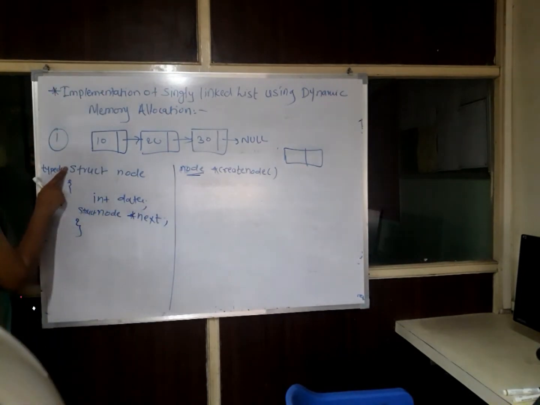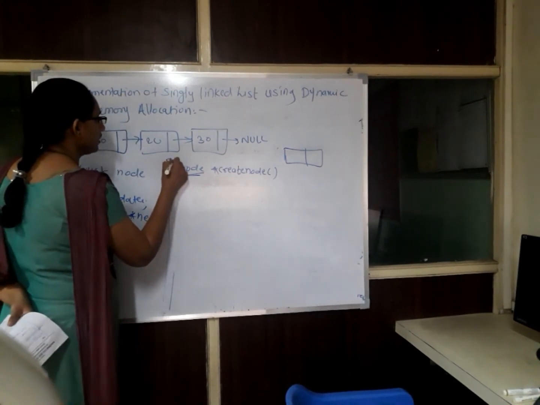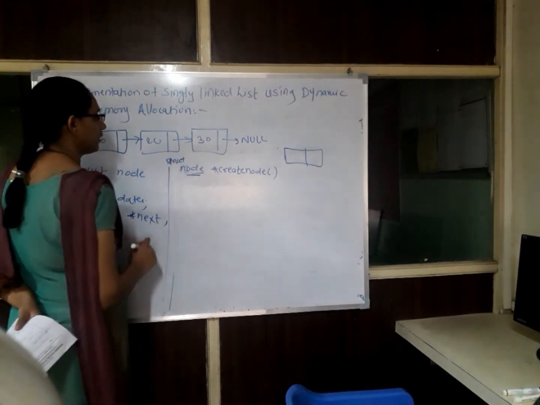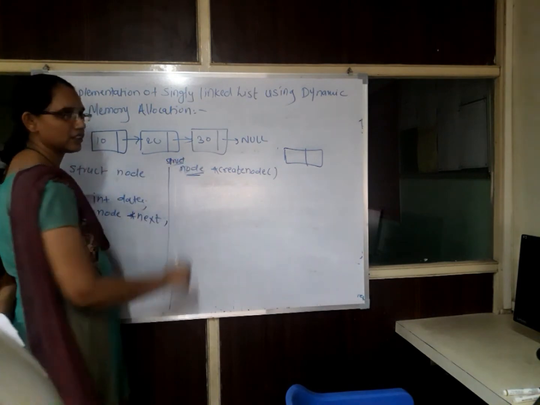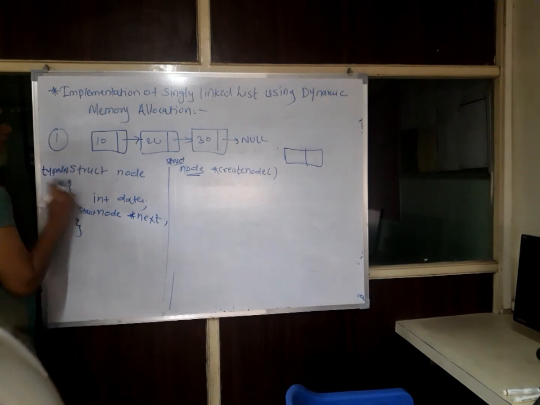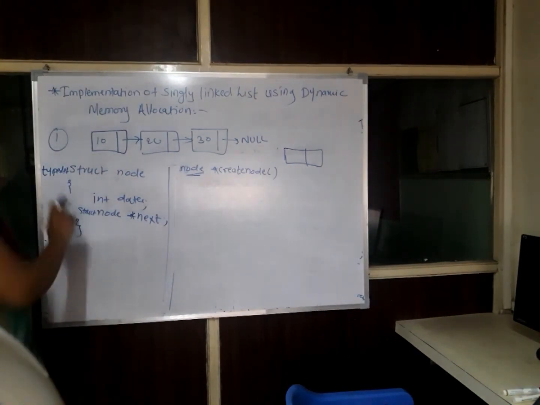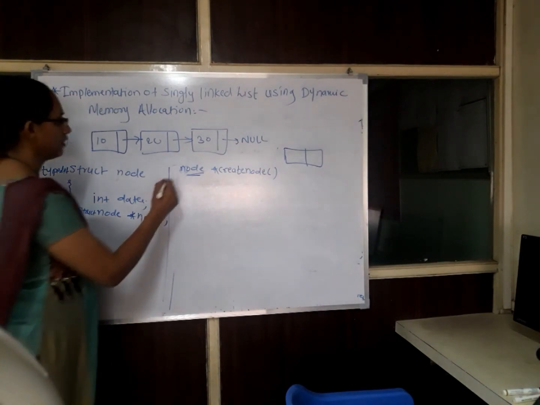See here, if I do not use typedef, then every time I have to use struct node pointer. Every time I have to use this word struct. So if I use typedef, there is no need to use struct every time. This is the use of typedef.